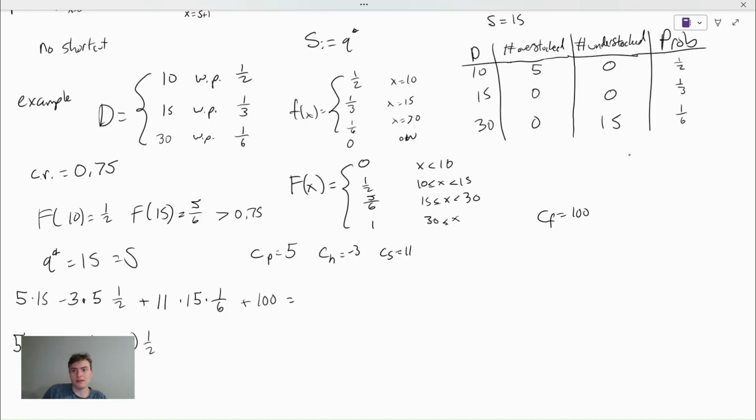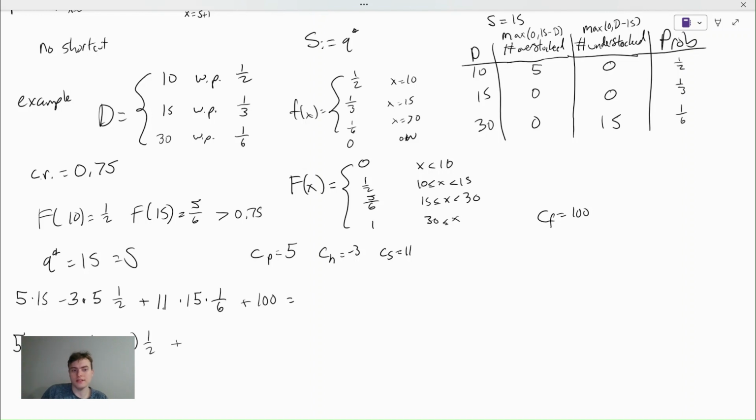Like, make a table. We can label this max 0, 15 minus D, and then this one would be max 0, D minus 15. And that's a little more clear to see that this is 5 times 1/2 and then 15 times 1/6.